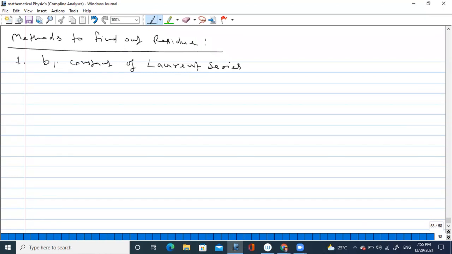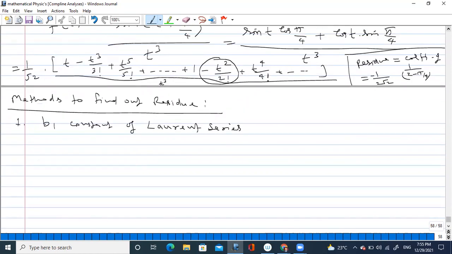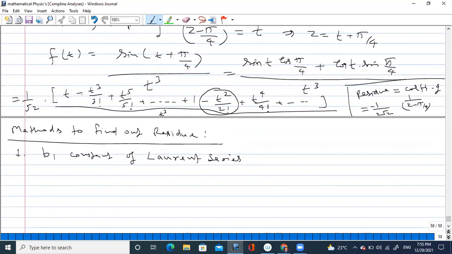Sir, how 1 by t square? 1 by t cube is also there. I have not checked that. You check it. This is t by t cube now, so it will give you 1 by t square, and more than that is there. Sorry, 1 by t cube is also there. So don't miss that.